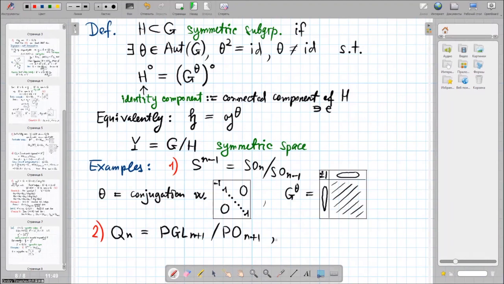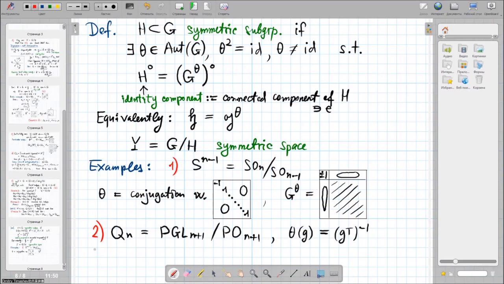In this case, the involution theta is given by the formula taking the matrix g to g inverse transpose. So the fixed point subgroup is the orthogonal group, or it's better to say the projective orthogonal group, because here we consider g as an element in PGL(n+1), so g is considered up to a scalar multiple. So the projective orthogonal subgroup is the symmetric subgroup in PGL(n+1). This means that the space of quadrics is a symmetric space.